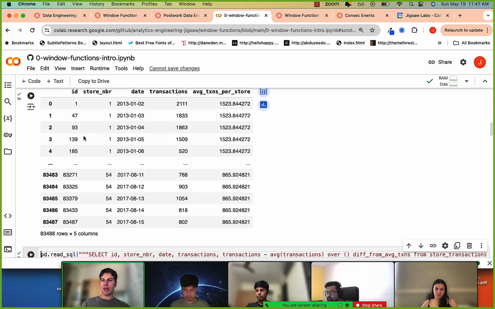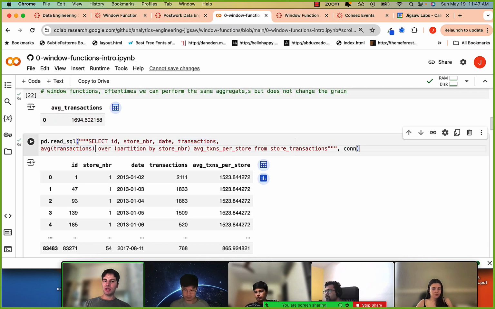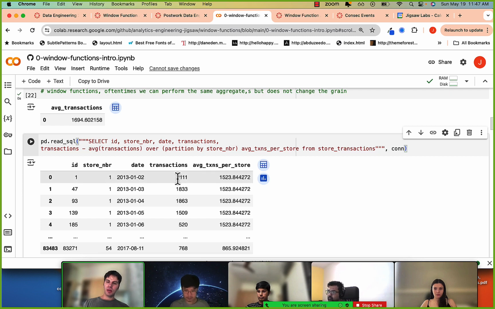But just to go back to the average: average transactions over partition by store. You could go back to this, right? It would be transactions minus. So if we want to get, is this high or low for this store, this would be the number of transactions in this row, per this day for this store, minus the average number of transactions for this store.